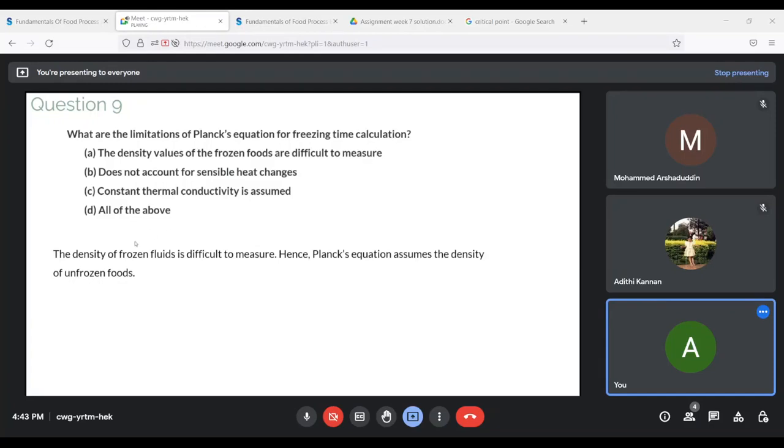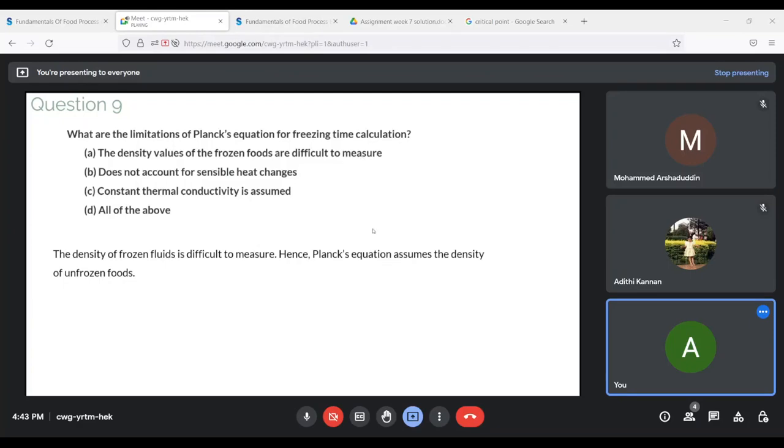So the density of the frozen fluid is actually difficult to measure because your composition might slightly vary after freezing. So even in the question, if you had noticed, we are assuming the density of the unfrozen food and not of the frozen food. So we do not know after freezing what is the density of the frozen fluids. So Planck's equation assumes only the density of the frozen fluids.